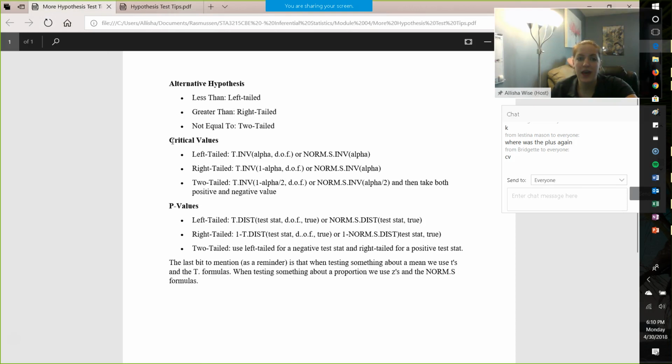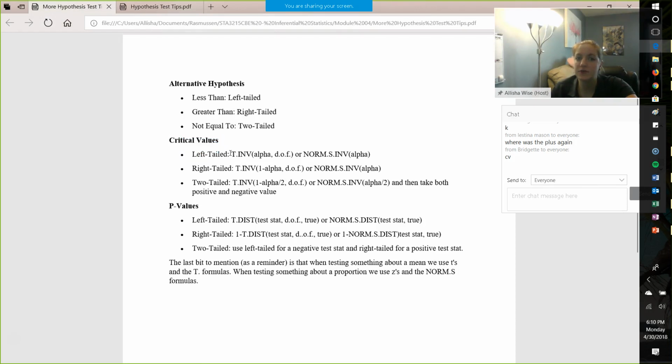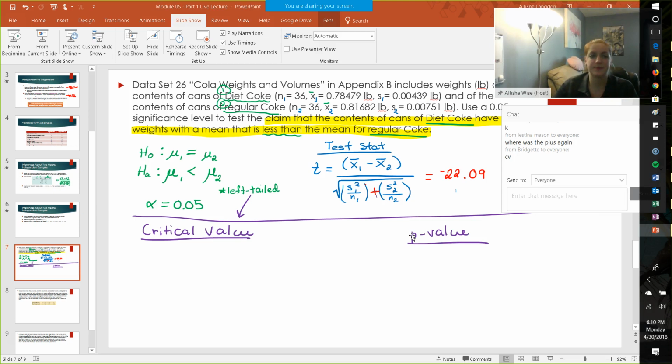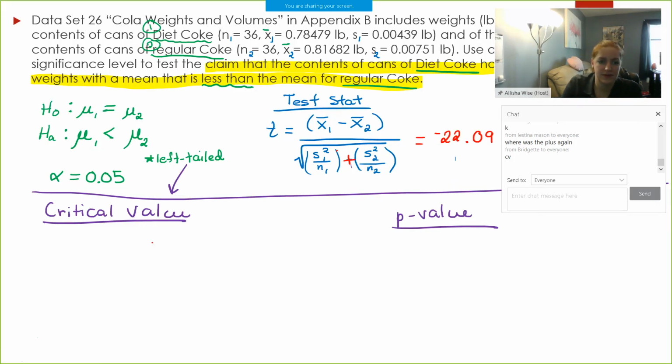We're going to say, okay, critical value, what do you tell me to do for left-tailed? Well, I need to use T dot inverse of alpha, comma, degrees of freedom. So let's go ahead and do that. So alpha is going to be 0.05 because that's our alpha.